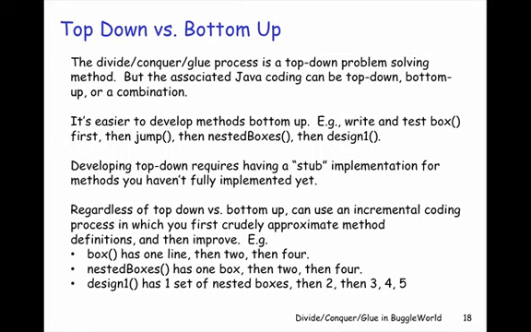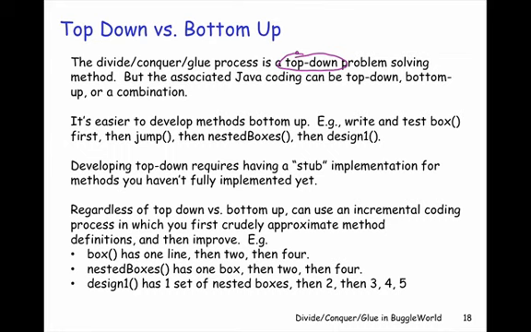It's called top-down because we start with the problem that we want to solve, and then we break it down into subproblems using the divide, conquer, and glue method. So in this case, we assumed that we had a nested boxes method, and then we assumed we had smaller methods called box and jump that we could implement nested boxes in terms of.